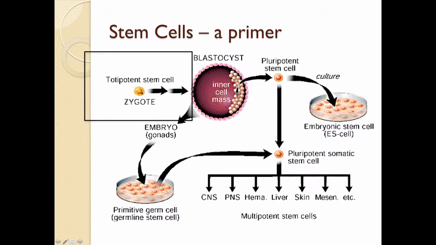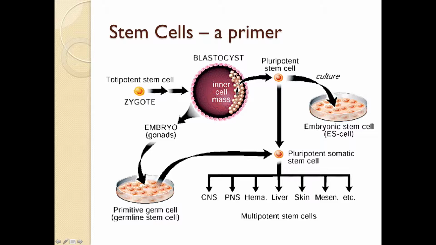After there are a couple of different cleavings of these original totipotent stem cells, we get what's referred to as a blastocyst. And a blastocyst is made up of two pieces, for simplicity's sake. We have the outermost layer called the trophoblast here in pink, which is going to turn into eventually a placenta. And then the inner cell mass, for simplicity's sake, will become everything associated with first an embryo and then a fetus.